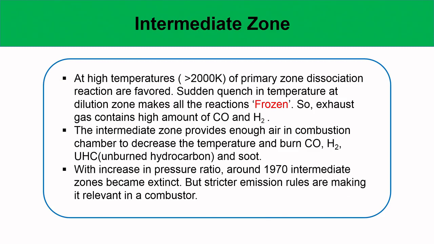The intermediate zone, which follows the primary zone, is at high temperatures; in the primary zone dissociation reactions are favored. Which we have learned from the chemical equilibrium class, this dissociation essentially causes the shifting of the temperature peak from the stoichiometric side to the rich side.